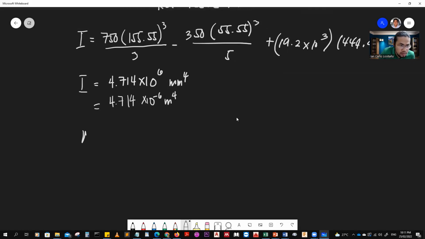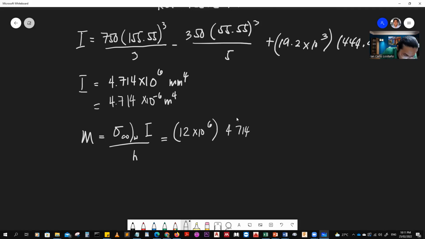Okay, the moment is simply the allowable stress for the concrete, for the whole length, times the I over the kd. This again is for the concrete. So you have your 12 megapascals times the I, which is 4.714 times 10 to the negative sixth.